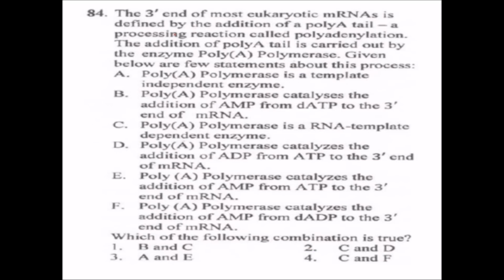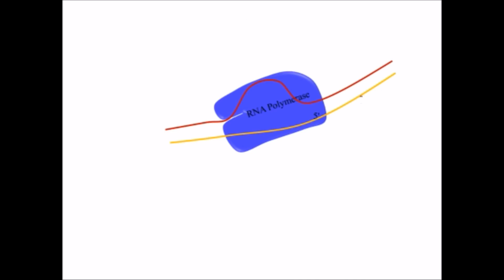Next question is, the 3' end of most eukaryotic messenger RNA is defined by the addition of a poly-A tail, a processing reaction called polyadenylation. We all know about polyadenylation. Actually, what happens is that when DNA is transcribed, it is transcribed even beyond the site of polyadenylation.